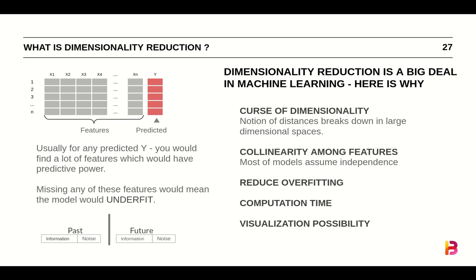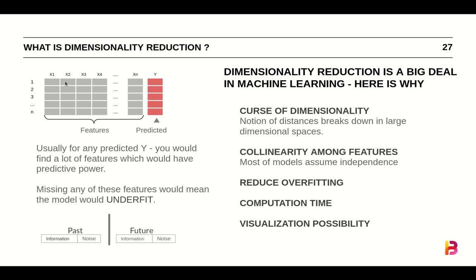The second major issue with having quite a lot of features is that most of the models assume certain independence between all the features. Try to remember linear regression, naive Bayes, all of these assume certain independence between the features. By independence, I mean one feature does not influence any other feature.